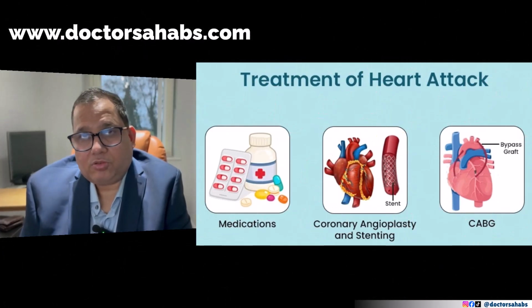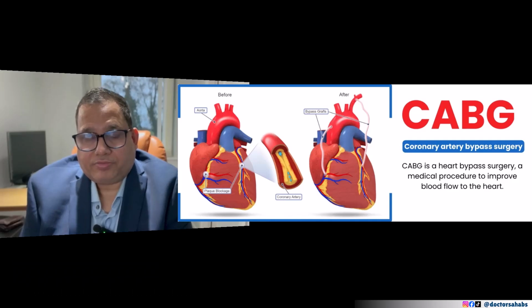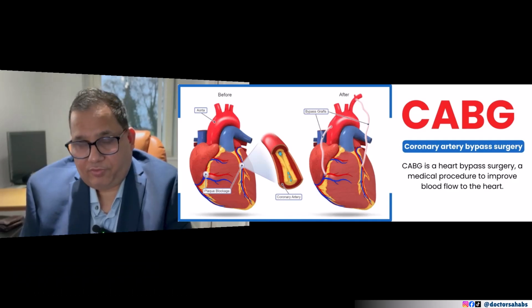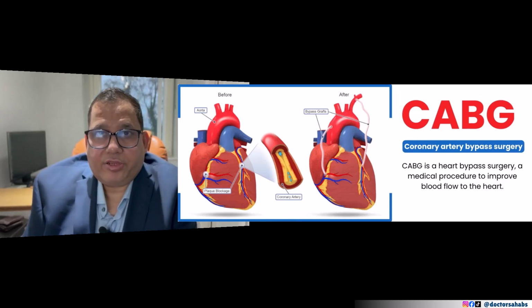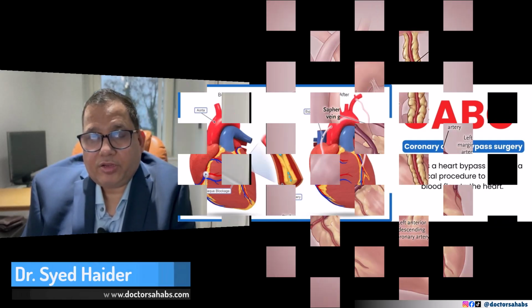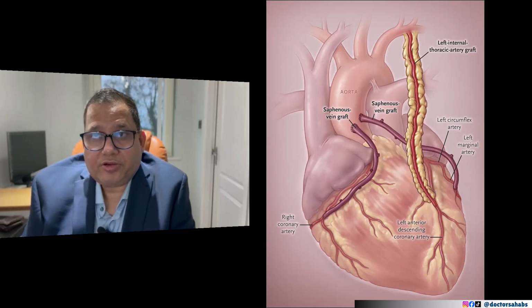In some conditions they also perform CABG, coronary artery bypass grafting, where they take one artery from your own body, usually the internal mammary artery, and perform the bypass grafting. It depends if you have severe coronary artery disease.